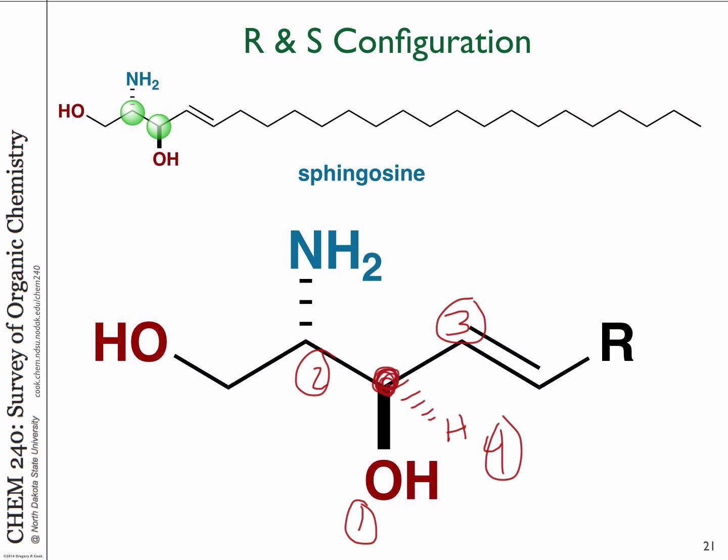Now we have to look at this center. 1, 2, 3, 4. And which hand? Right. You need your right hand, like that. So it's R. Left hand doesn't work. Or you can see that hydrogen's pointing in the back, so it's easy to see it's going clockwise.